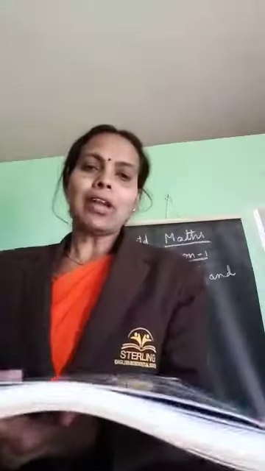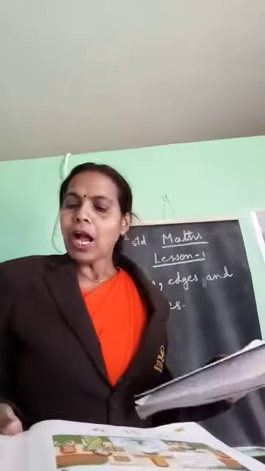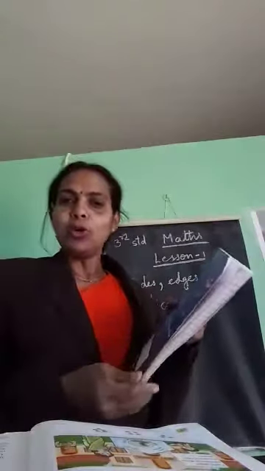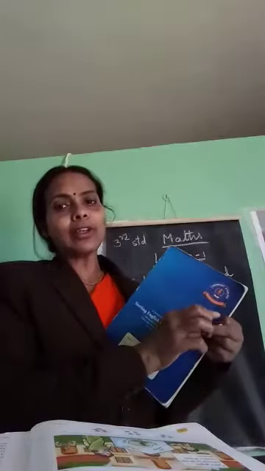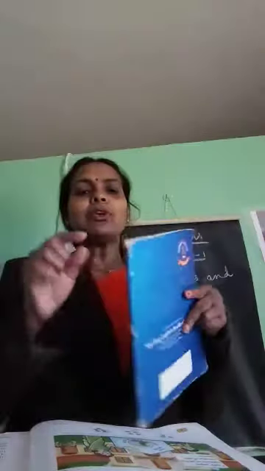Your notebook will be like this, right? This is a textbook. You can take a notebook, or I'll bring a notebook. See, I have brought a notebook and the question is how many vertices does your notebook have? Now vertices means corners. So how many corners are there?